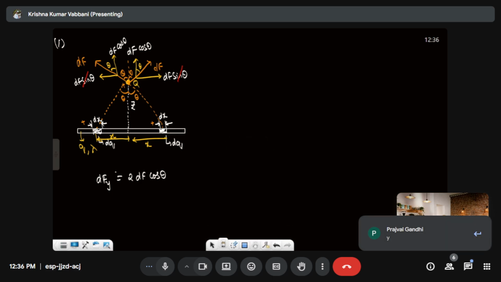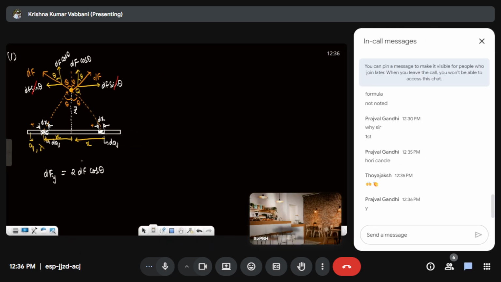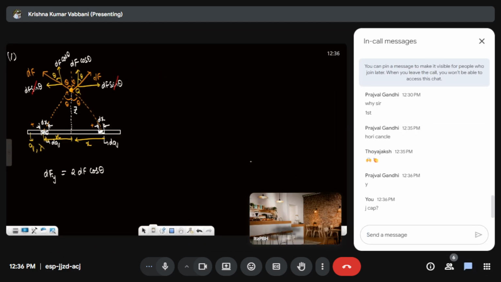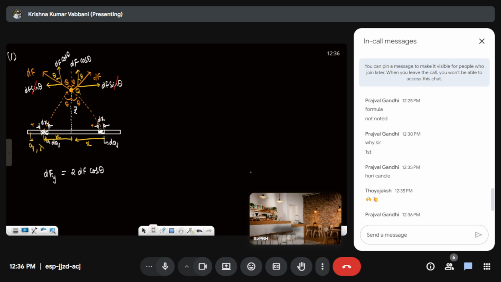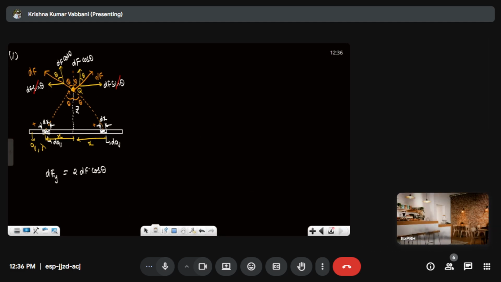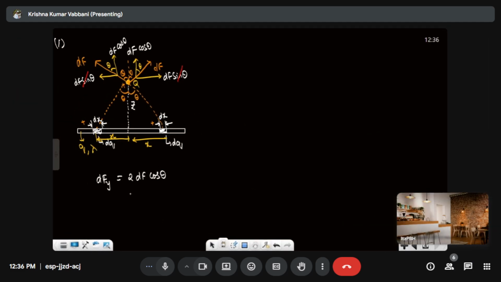Is there any confusion, guys, till now? Horizontal, yes, Gandhi, horizontal will cancel. When you are doing the problem, you need not take the vectors right now.